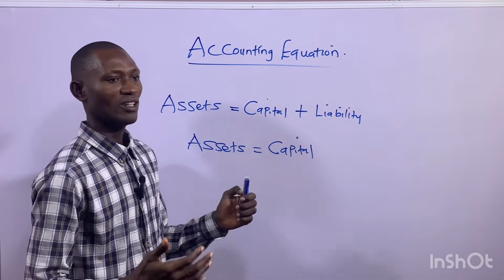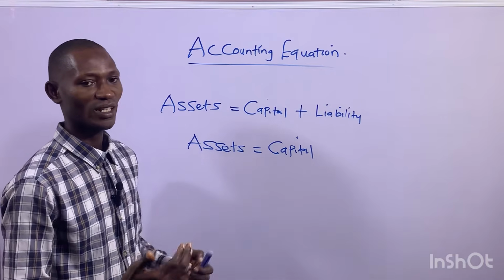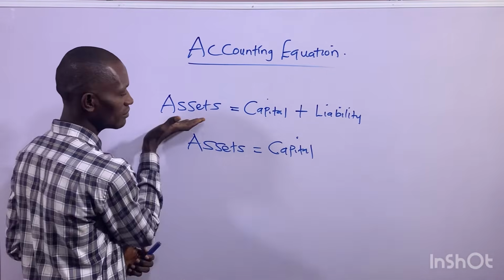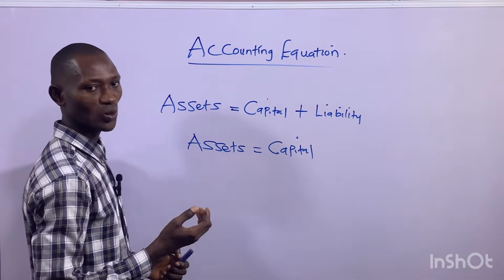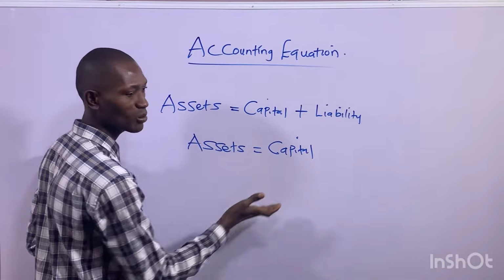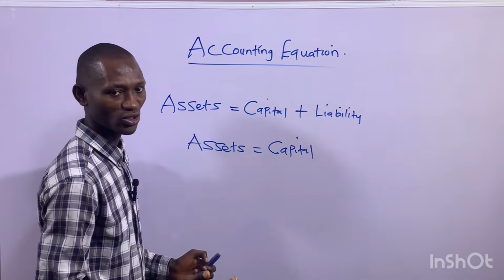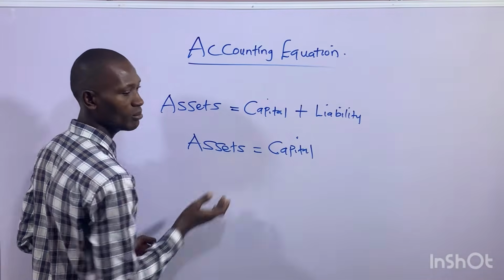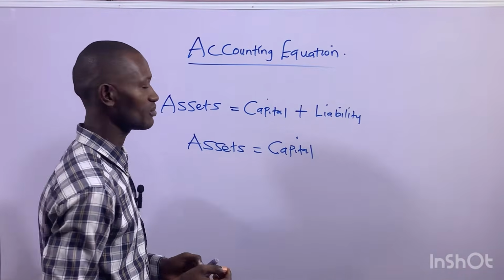That means limited companies as well as public limited liability companies, that's PLC. You will have this to be the accounting equation for such companies. But for small scale businesses, sole proprietorship, you will have this to be the accounting equation for such.